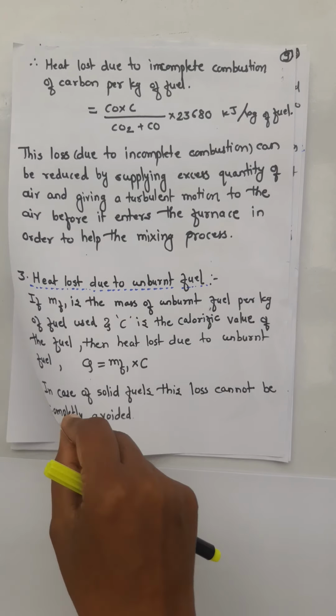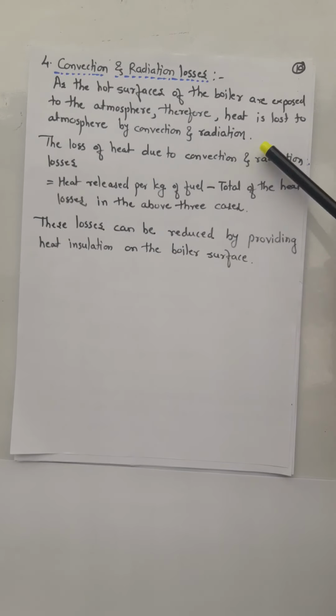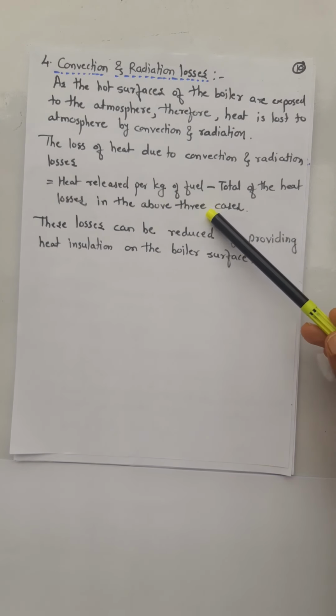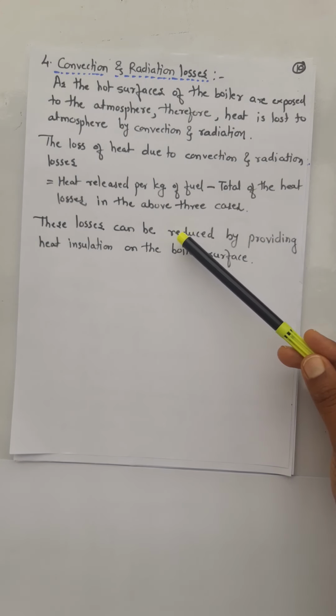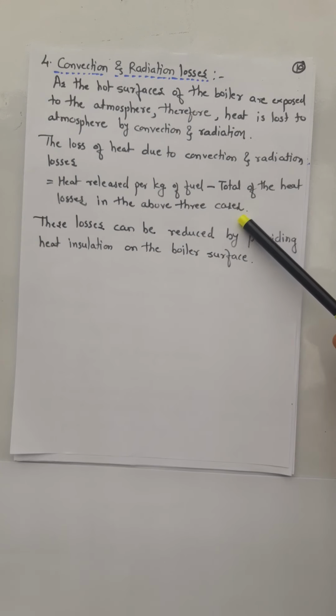The next type of heat loss taking place is due to convection and radiation. As the hot surfaces of the boiler are exposed to the atmosphere, there is a heat loss to the atmosphere by convection and radiation, and this loss is given as the heat released per kg of the fuel minus the total heat of the losses in all the above three cases, that is the heat loss due to flue gases, the heat loss due to incomplete combustion, and the heat loss due to unburnt fuel.